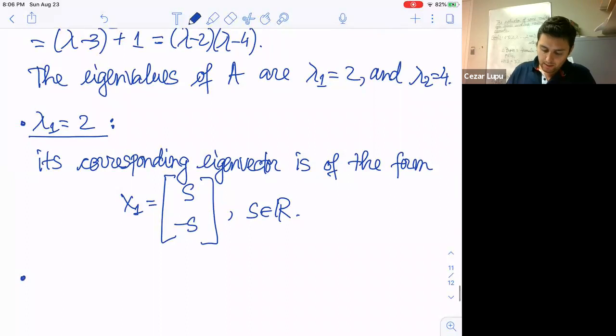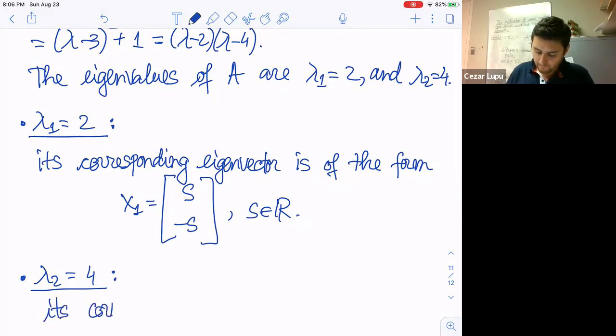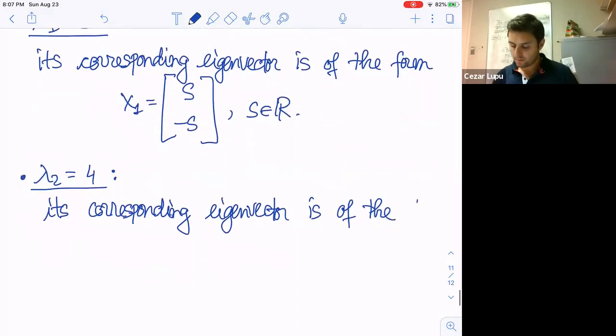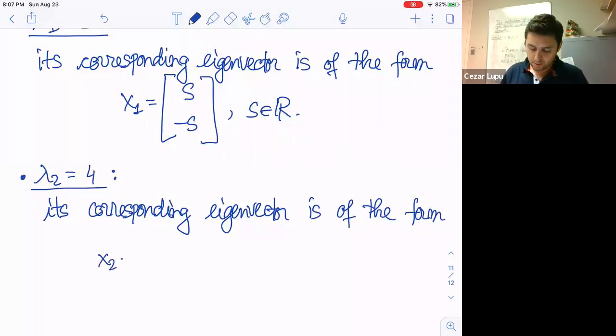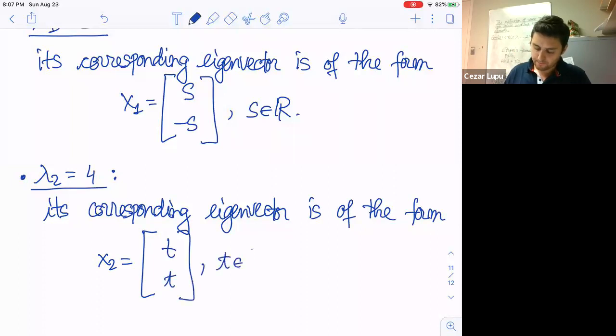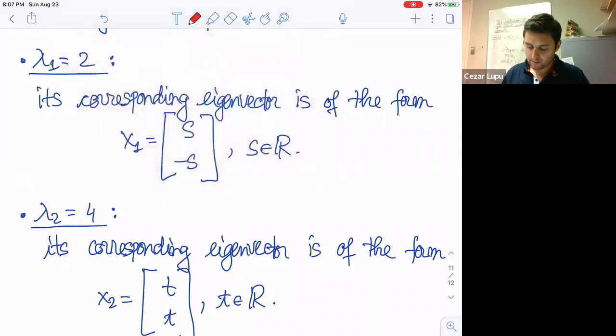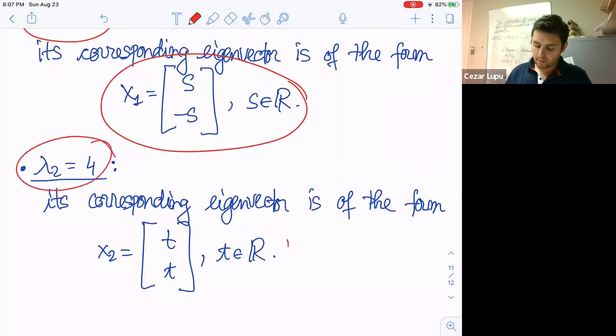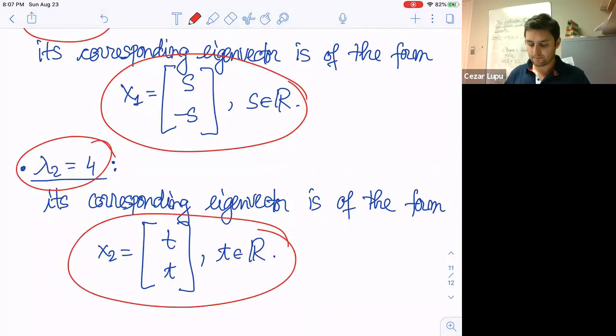And now if we take the second eigenvalue, lambda 2 equals 4, its corresponding eigenvector is of the form x2 will be (t, t) with t a real number. So these are the two eigenvectors.